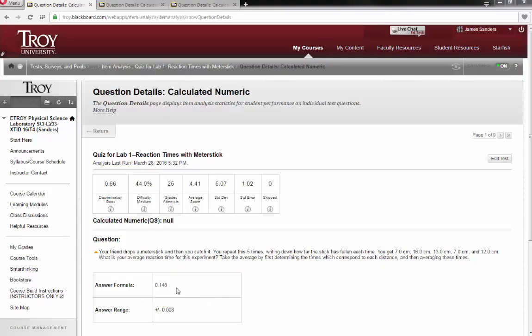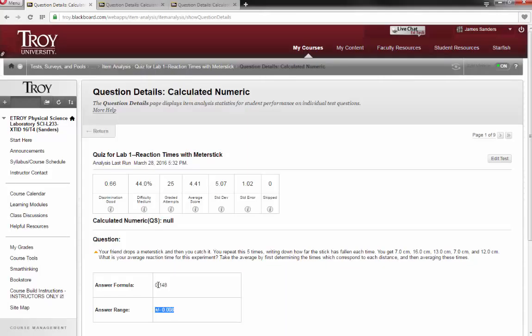Before I move to the next one, here is the actual answer that I entered into Blackboard as the correct answer. Here's the range that I put onto that. The range basically means that for this problem, if you enter anything between 0.148 minus 0.008 and 0.148 plus 0.008, Blackboard should be counting it as correct.